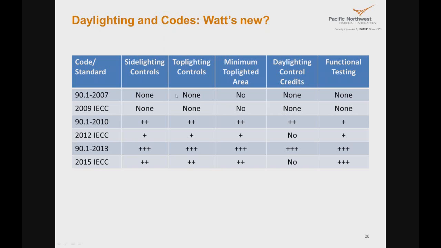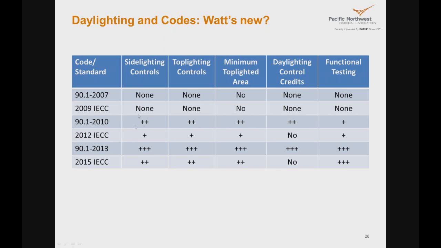So this table shows when requirements were introduced and what types of requirements were introduced, and these plus symbols indicate the stringency of the requirement relative to other standards. Looking at side lighting controls, they were first introduced in 90.1 2010.